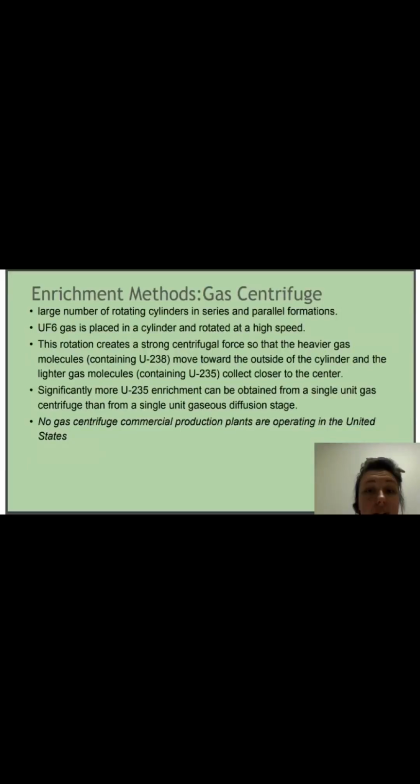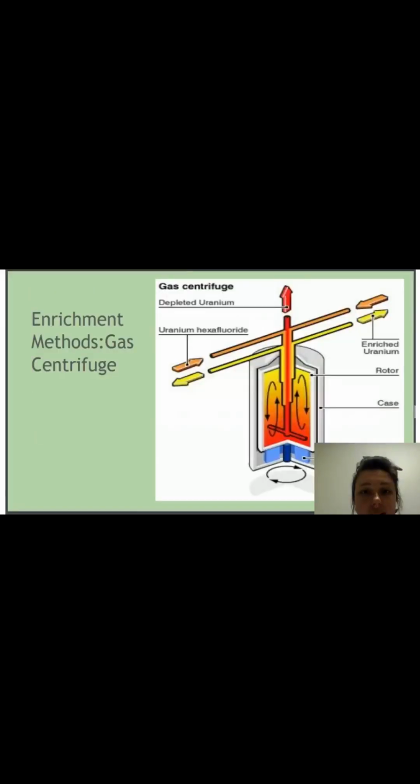The next one, gas centrifuge, is incredibly efficient. Once again, I take my uranium 235 and I make it into a gas in uranium hexafluoride. And so once I have my uranium hexafluoride, or my UF6, I can then take that gas and put it into a cylinder system and spin it. The heavy stuff, the uranium 238, sticks to the outside, and the lightweight stuff stays to the inside.